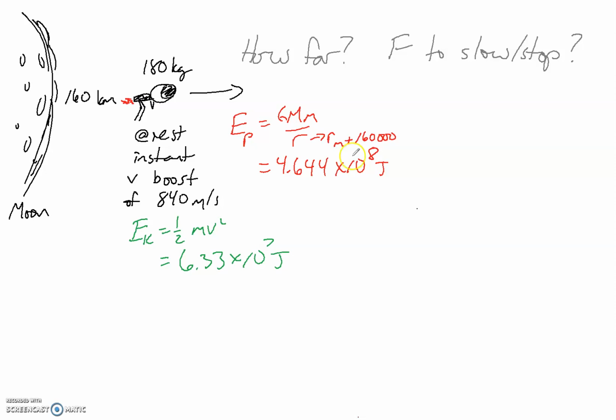Okay, so I know he starts off with this much potential energy and this much kinetic energy, and as he goes further away, his kinetic energy is going to go down because he's going slower, and his potential energy is also going to go down because he's going farther away. I know the change in kinetic and the change in potential are going to be equal to each other.